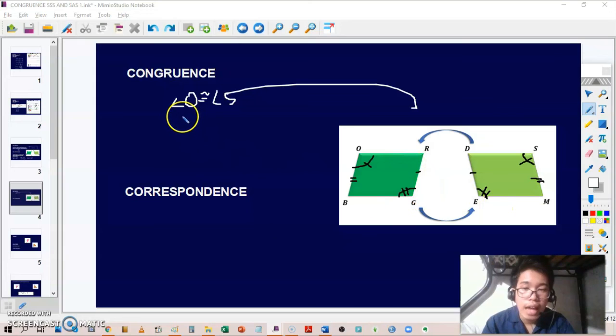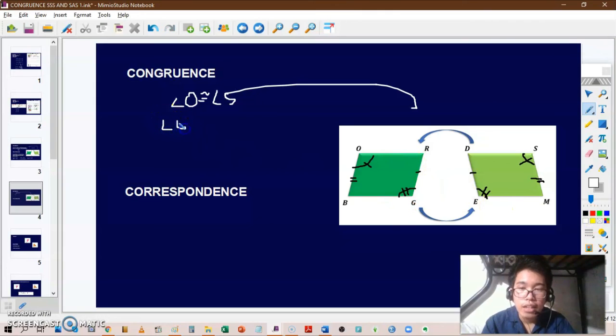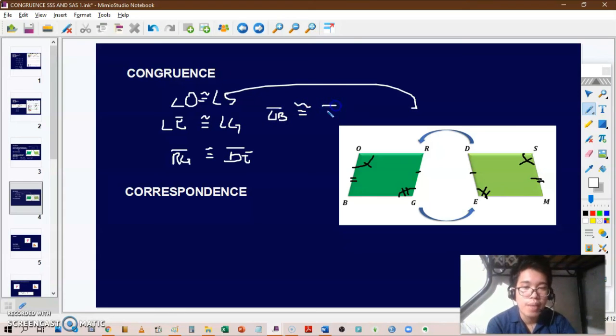We can also say that angle E is congruent to angle G, that line segment RG is congruent to line segment D, and that line segment OB is congruent to line segment SM.